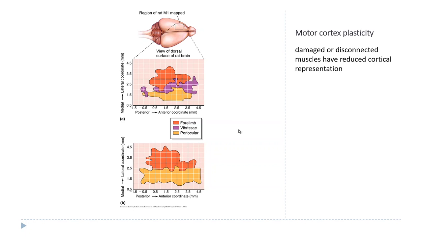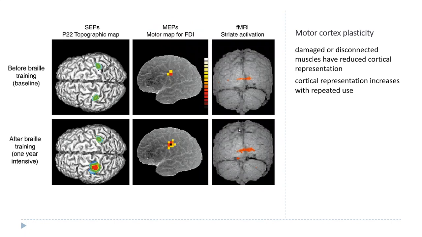Again, same thing happens with people. So this is an experiment where they trained people to read Braille with one hand. Braille, you probably know, is a way of printing text as little bumps so that people that are vision impaired can read. And of course, just like any other form of language, it requires a lot of training.